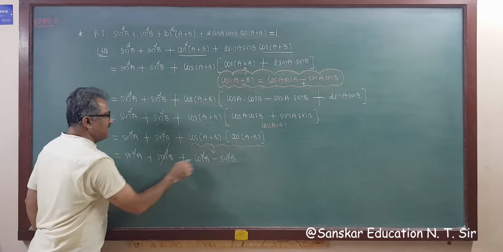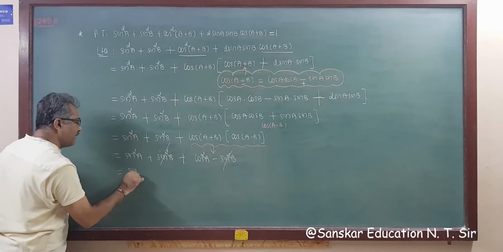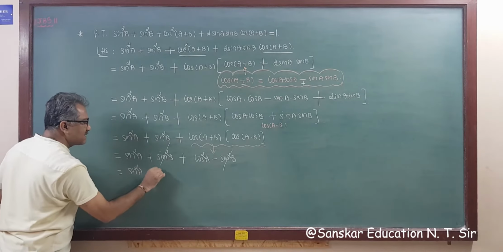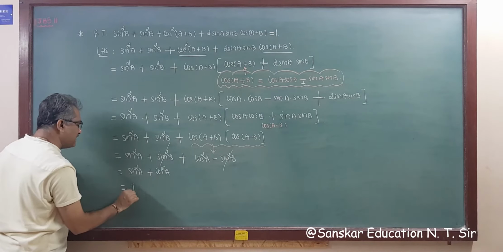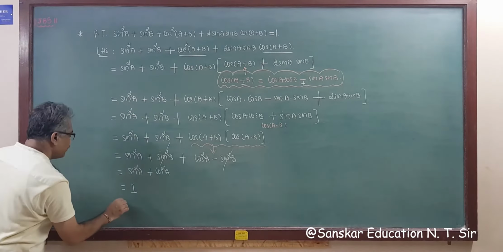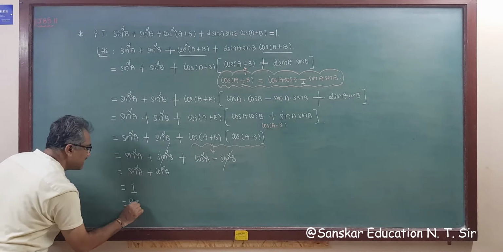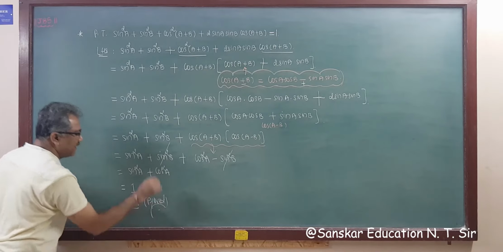Now this sin square b will be cut. So remaining will be sin square a plus cos square a, and sin square a plus cos square a is always 1, and that is your right hand side. So this is your right hand side, and hence this is true. Right?